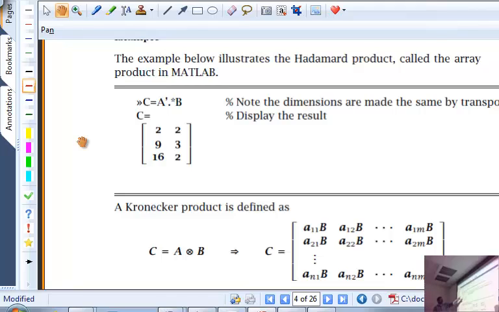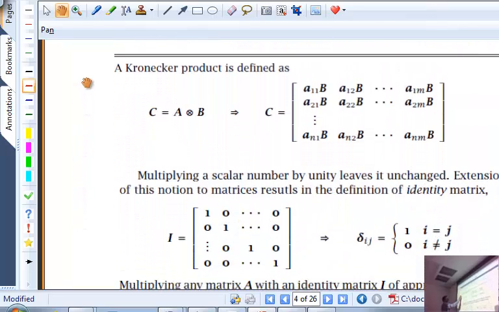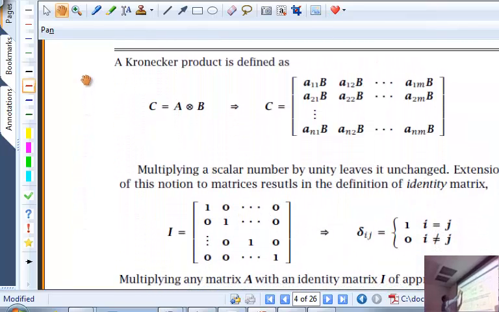So here I took the same matrices that I had defined earlier, but to make it compatible, I transposed A first so that they both have the same number of rows and columns, and then A dot star B will give you that. Now there is another definition called the Kronecker product, which is indicated with this funny symbol that you see there.